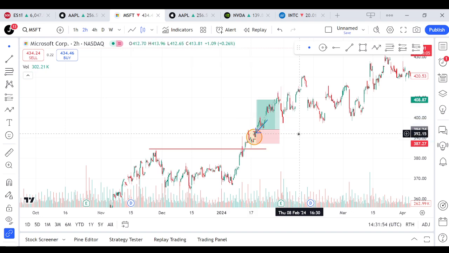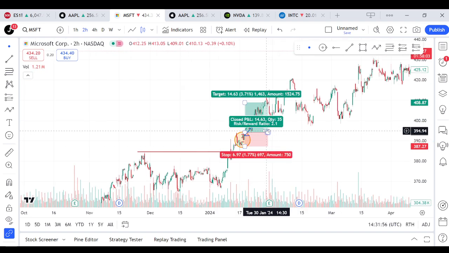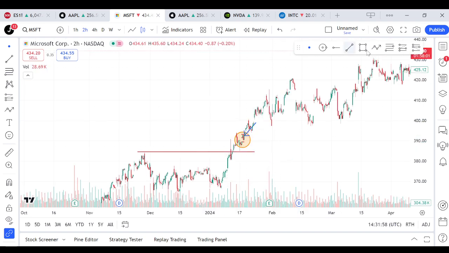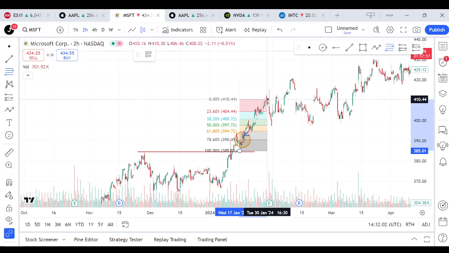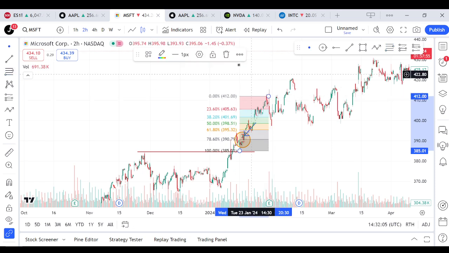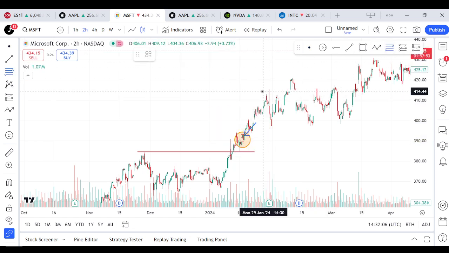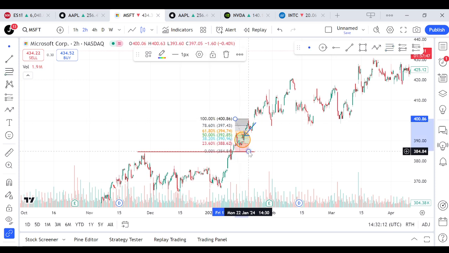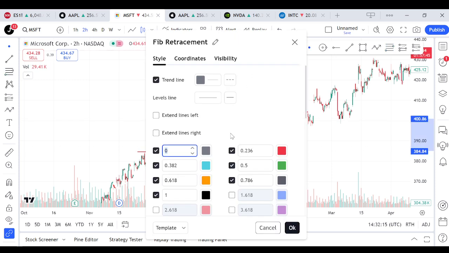resistance levels. In this case, we are bullish, so you could use your Fibonacci extensions to know the exact area where price is going to get to.